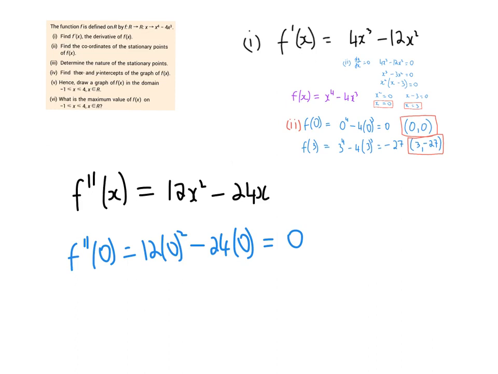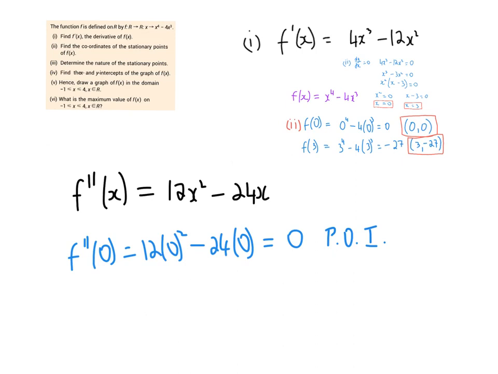So that means this is a point of inflection, and we want to see, well, what kind of point of inflection is it? So if the slope on both sides of this point of inflection is the same, then it means it's a horizontal point of inflection or a saddle point.